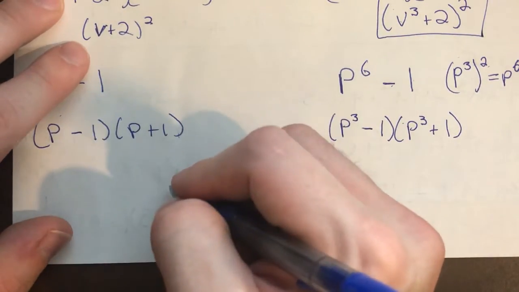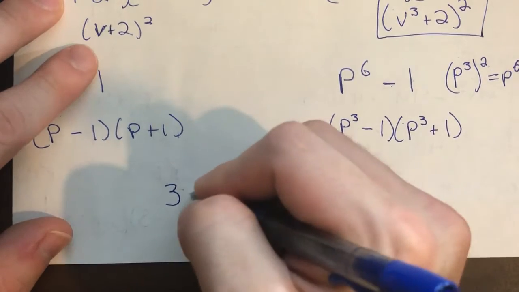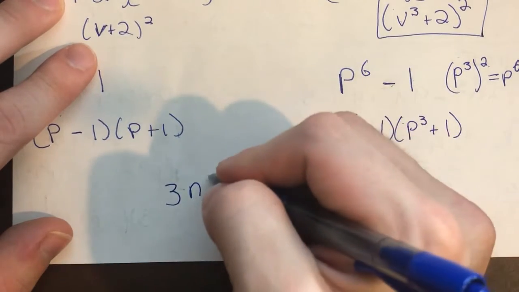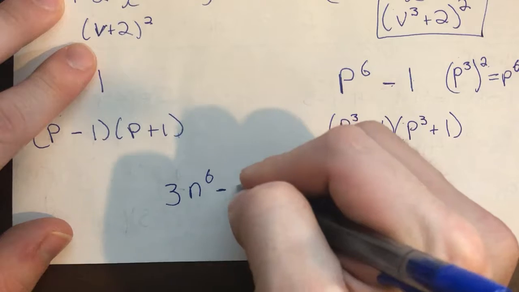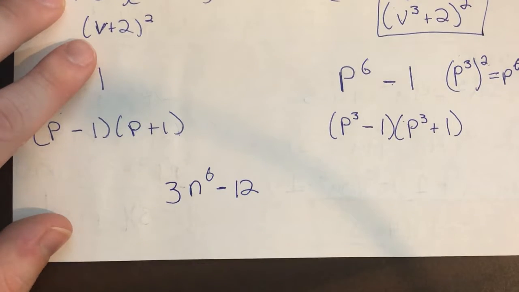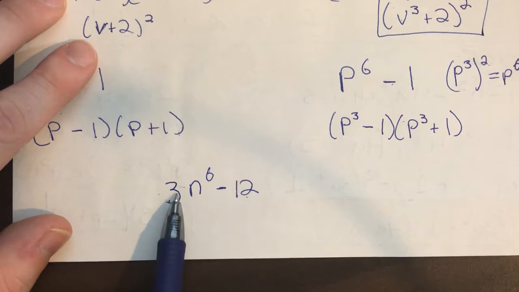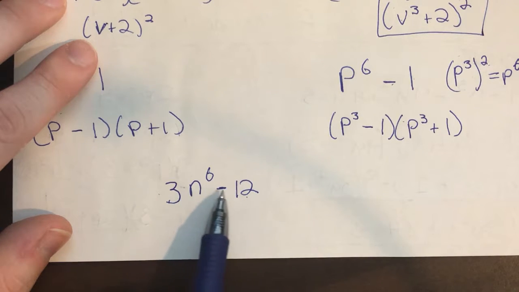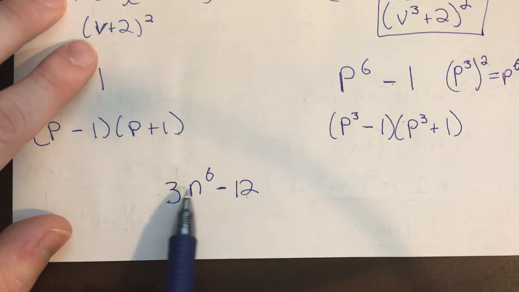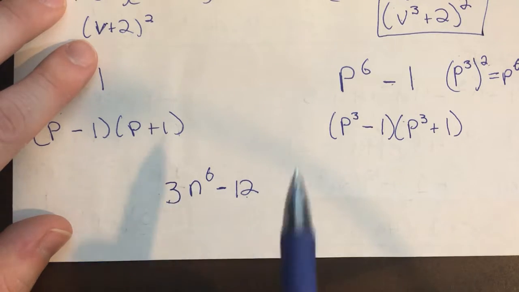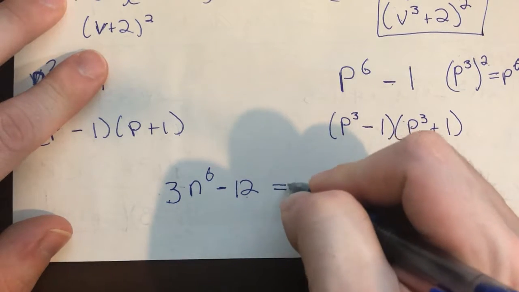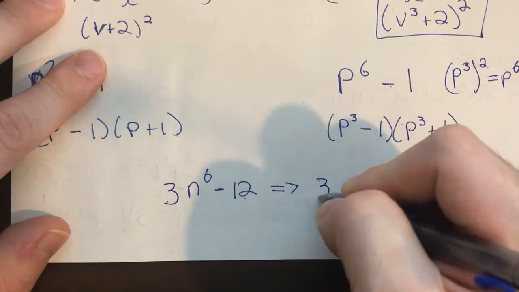And what I've got for you is 3n to the 6th minus 12, okay? Now, first thing we're looking for is what's going on here. This is a greatest common factor. So first thing we're going to do, take out that GCF.